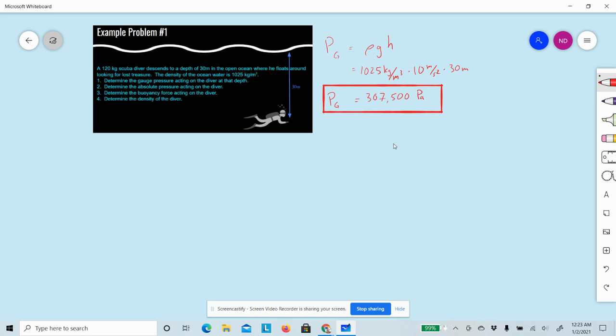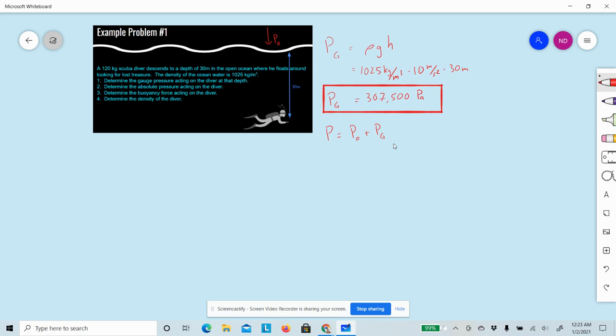Part 1 done. Part 2, determine the absolute pressure. Well, the absolute pressure is the atmospheric pressure plus the gauge pressure. Don't forget that, yeah, he's got all this water on him, but there's 7 or 8 miles of air also above him. That's the absolute pressure, the air plus the weight of the water.